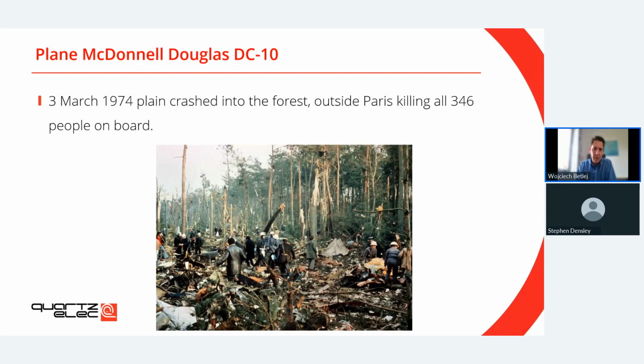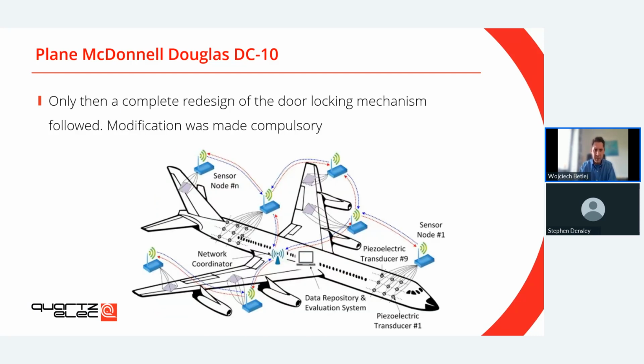Then, in a bit less than 2 years, in March 1974, yet another accident took place. This time, a lot more tragic, because nearly 350 people died. That happened in Europe, in Paris. And it was the same plane, the McDonnell Douglas DC-10.